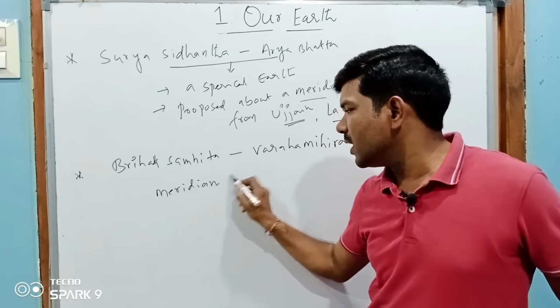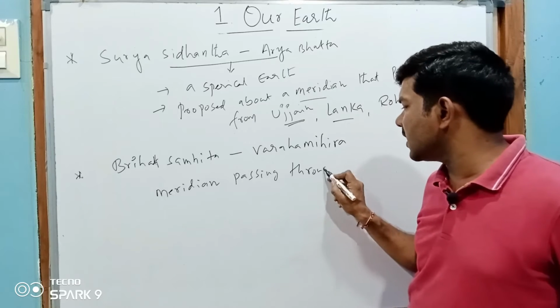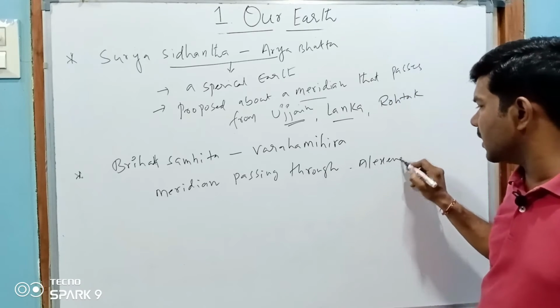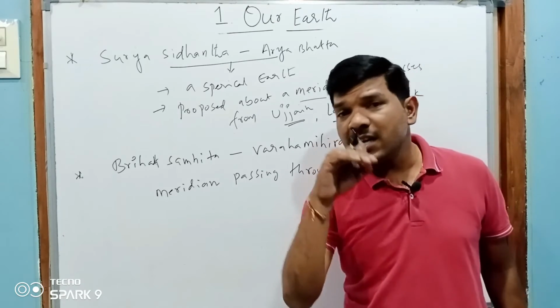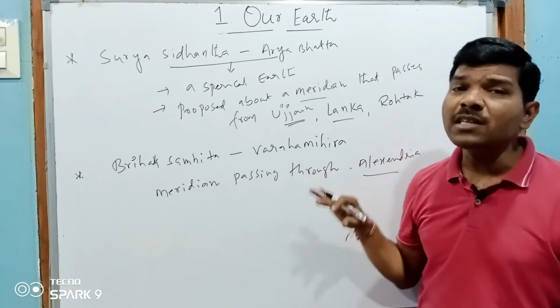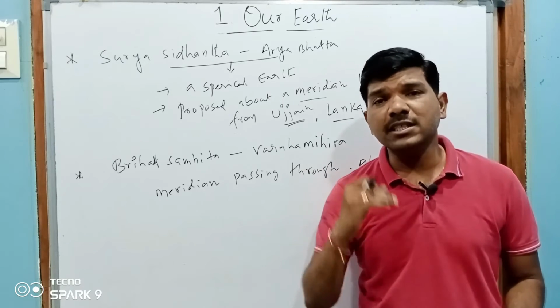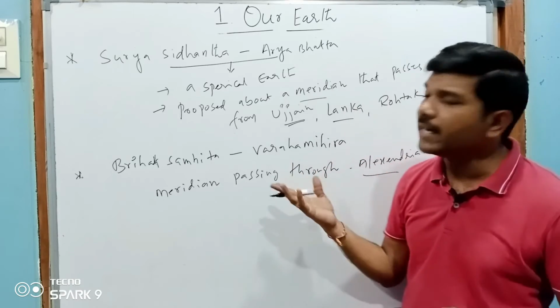A meridian passing through Alexandria. Where is Alexandria? Alexandria is in Egypt. So our ancient Indian texts mention longitudes, and also mention that the earth is spherical. So it was very great.